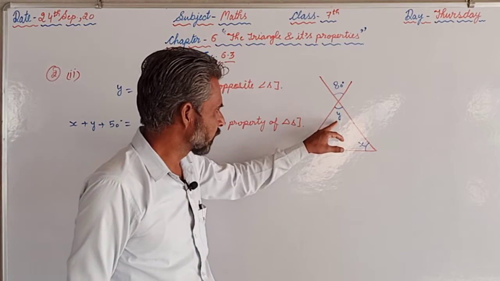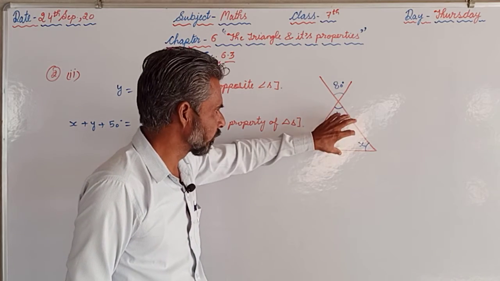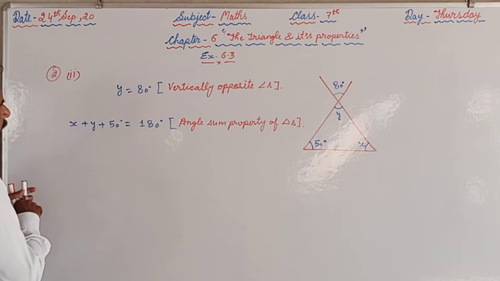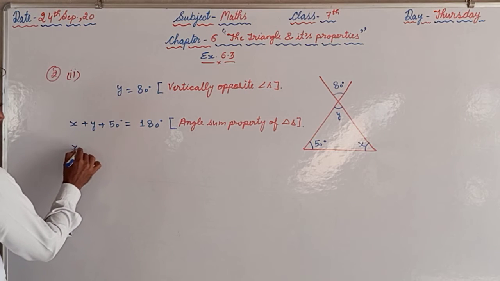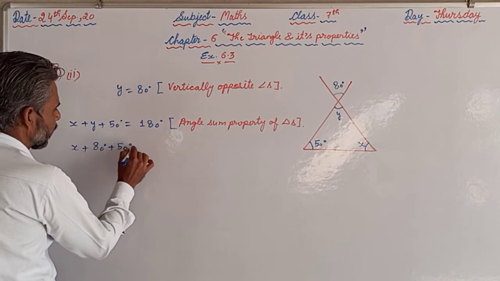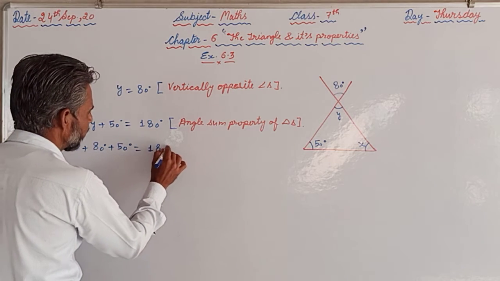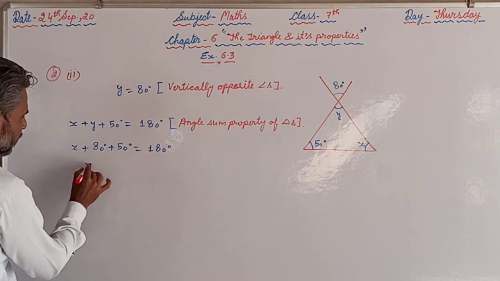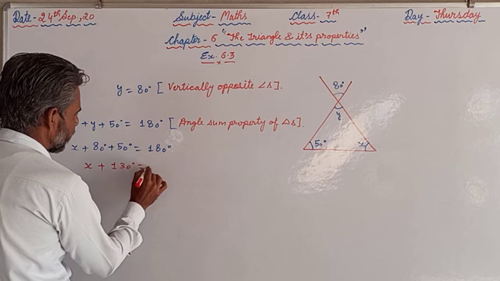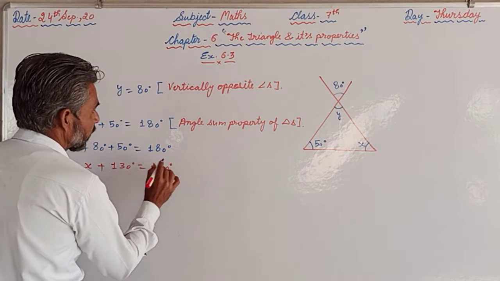How many angles are there? 3, x, y and 50 of this triangle. So their sum will be 180. So we have already calculated the value of y. So we will substitute that, that is 80 degree plus 50 degree, so x plus 130 degree is equals to 180 degree.